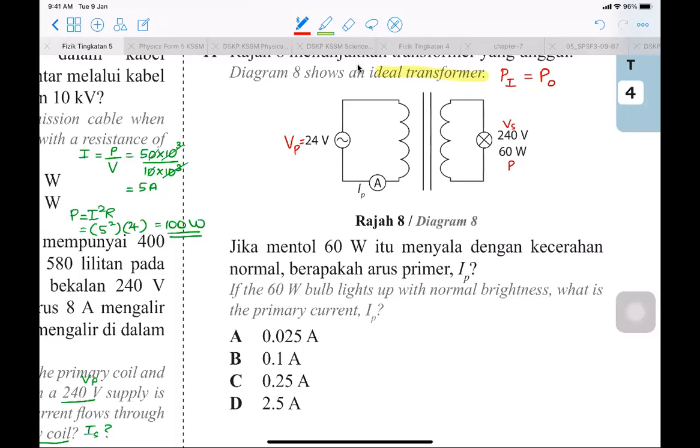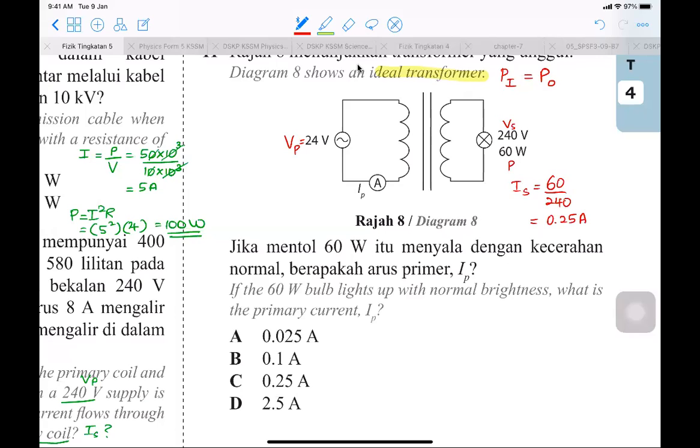You need to find the value of IS, the secondary current. What is the value of the secondary current, IS? Yeah, correct, 0.25, by using 60 over 240. So this one is 0.25 ampere.